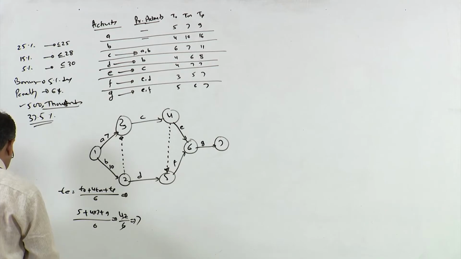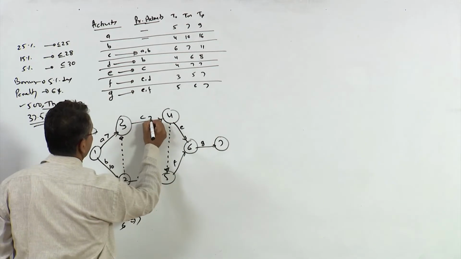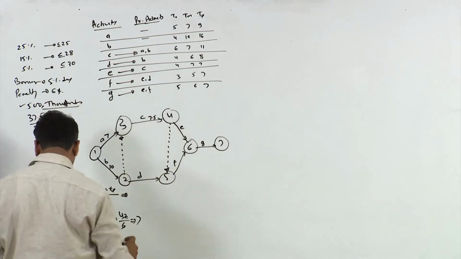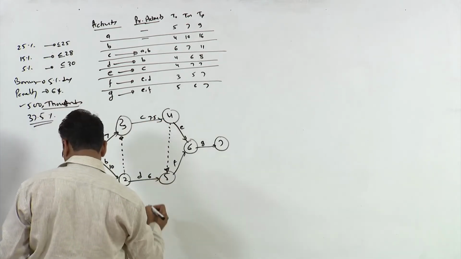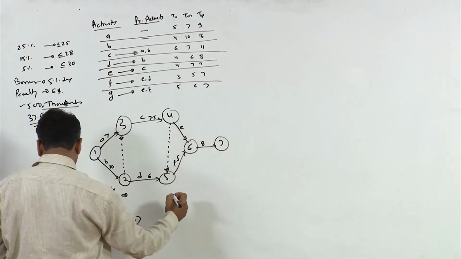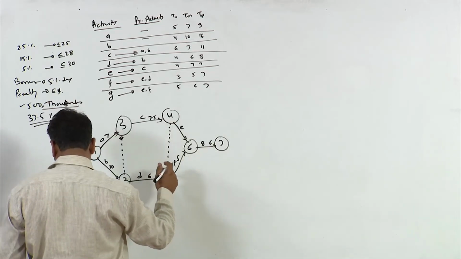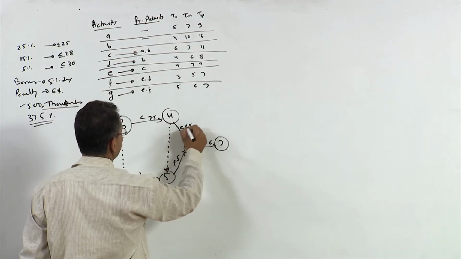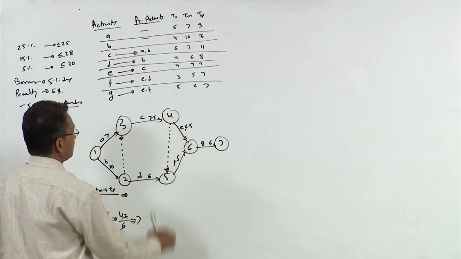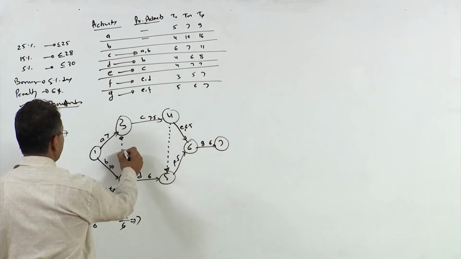Let me write these values: for C it is 7.5, for D it is 6, for F it is 5, for G it is 6, and for E it is 6.5. Activity E has a duration of 6.5, and of course, these two are dummy activities.